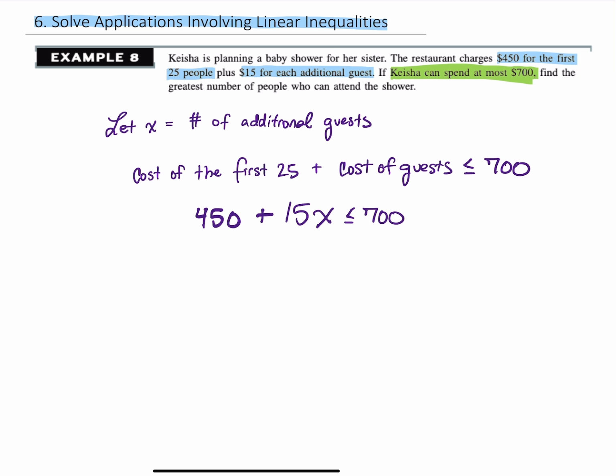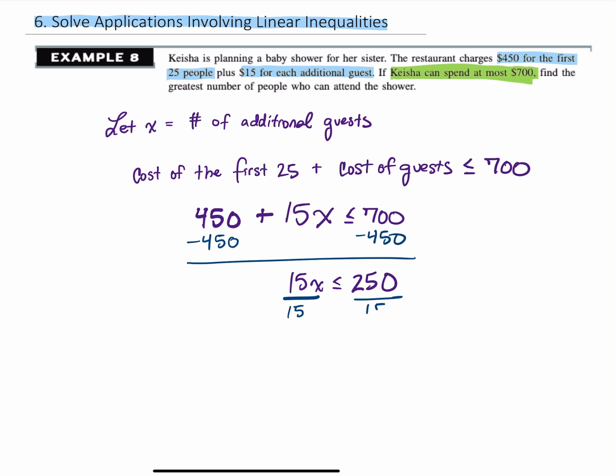Let's now solve it like an equation and just watch out for having to flip the direction. So I have this positive 450. Let's subtract it from both sides. So I'll be left with the 15x, which is less than or equal to 700 minus 450. That will be 250. Now I have 15 times x, so I'll divide both sides by 15.